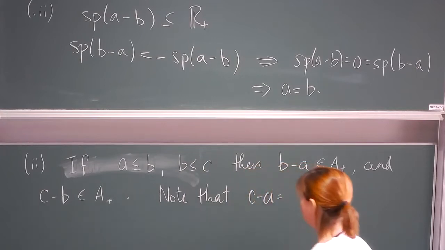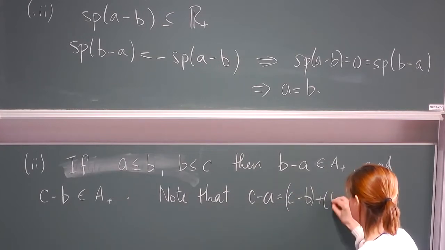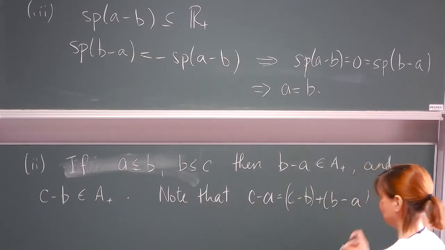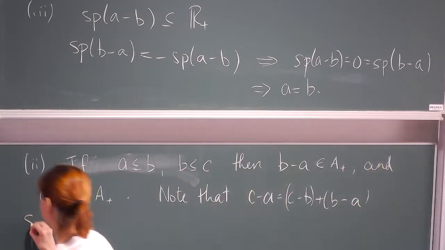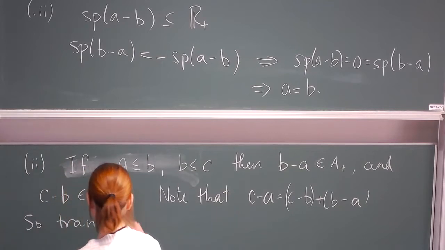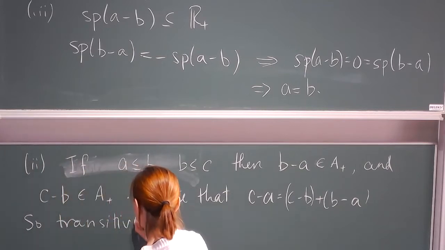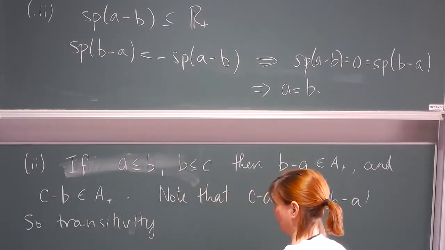So we can write C minus A as C minus B plus B minus A. So transitivity will follow from the fact that the sum of two positive elements is positive, but we will prove that a little bit later on.